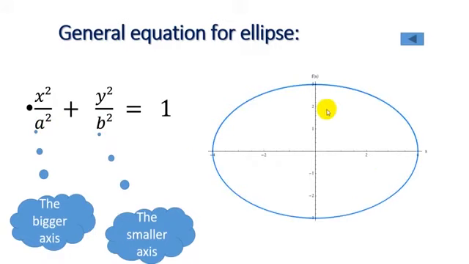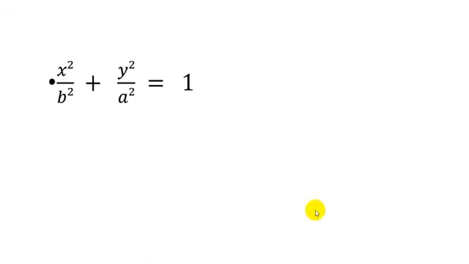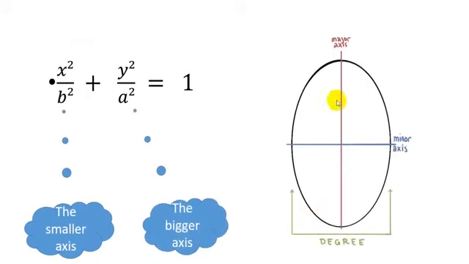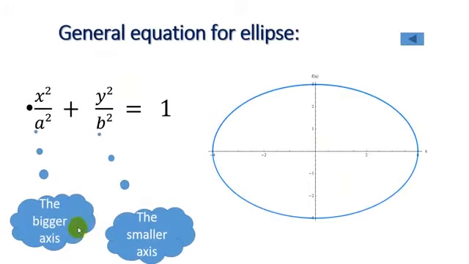In our general equation, a is with x and b with y. Suppose I change it, so that y is here and x is there. The equation will change: x square over b square and y square over a square, as a is the bigger one.